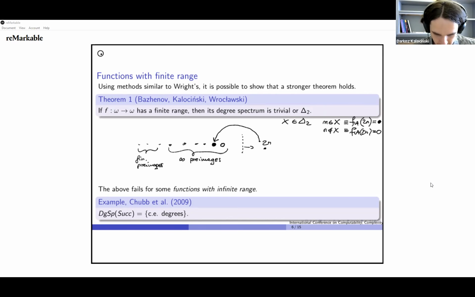And what we do is proceed recursively with a recursive approximation of the set X, and whenever we see a change, n can be withdrawn from the set and then again put inside.